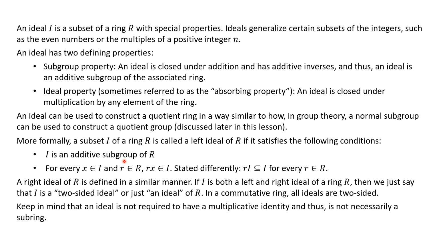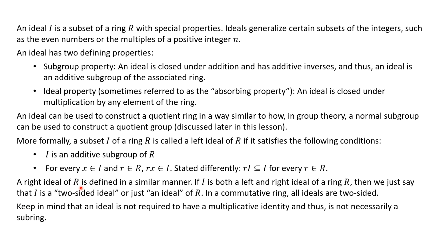I is an additive subgroup of R, and for every element X in the ideal and every element R in the ring, if you multiply R times X, you'll get another element in I. So that's where you get this absorbing idea from. Another way of writing that is R times I is a subset of I, for any element R in the ring. So in a sense, it absorbs anything that you multiply on the left.